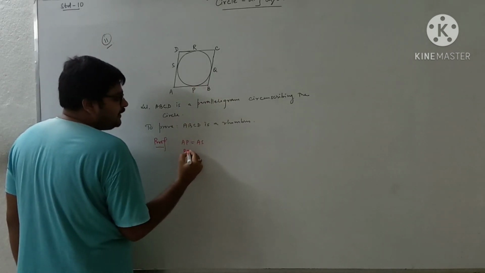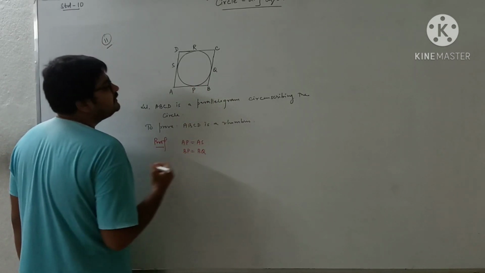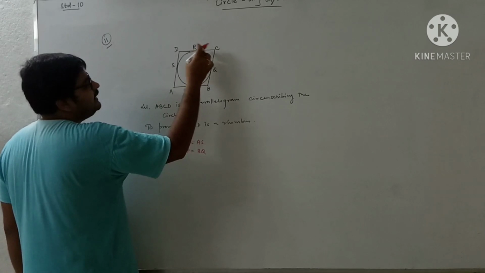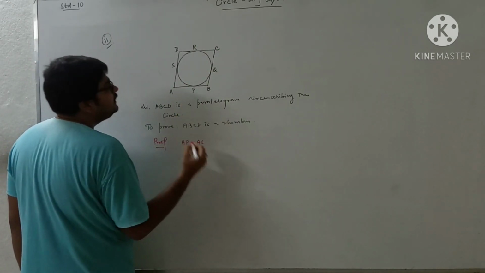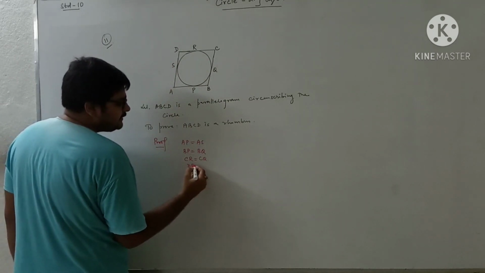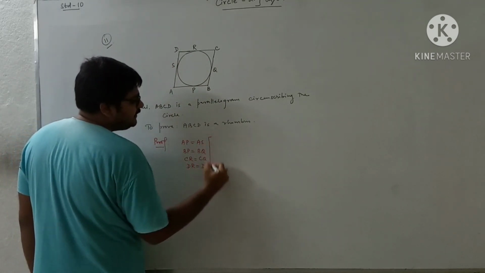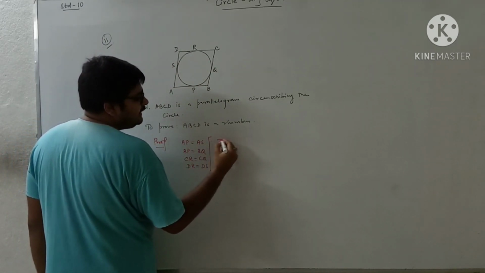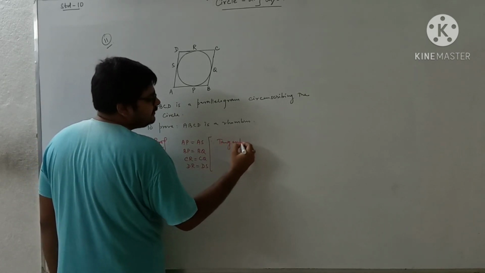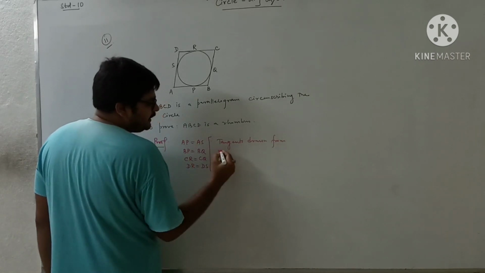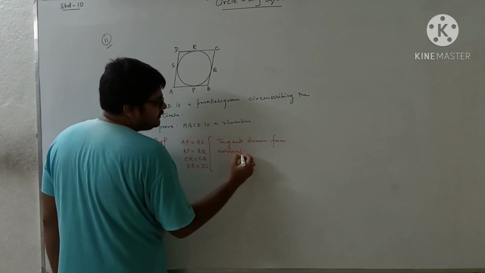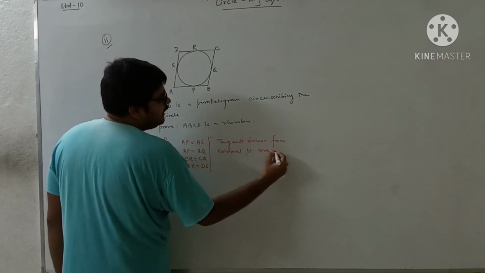BP equal to BQ, then CR equal to CQ and DR equal to DS. What is the reason? Since tangents drawn from an external point are equal to each other.